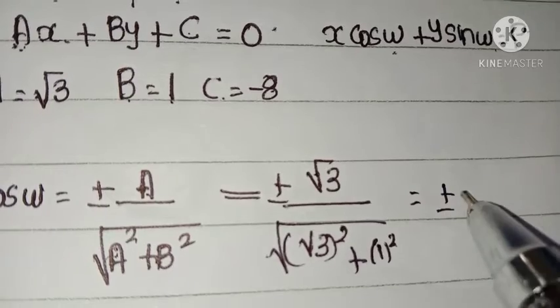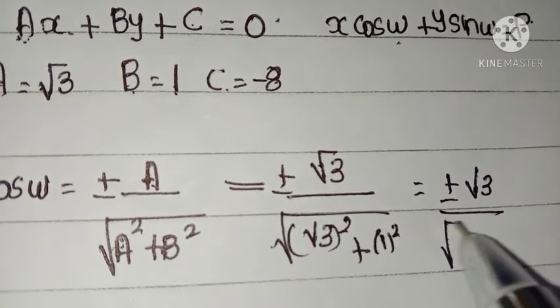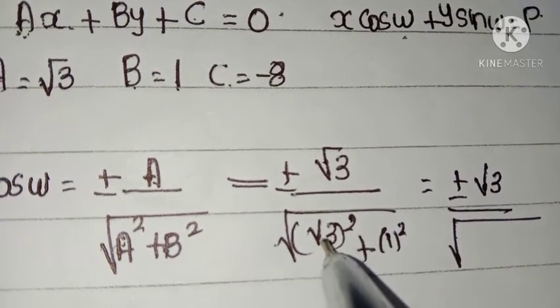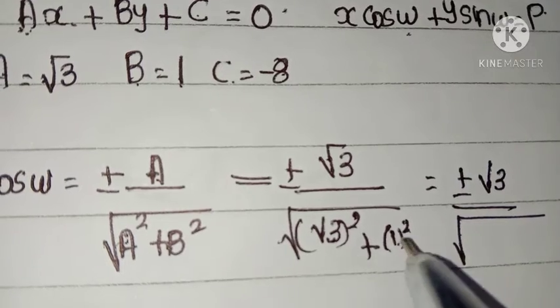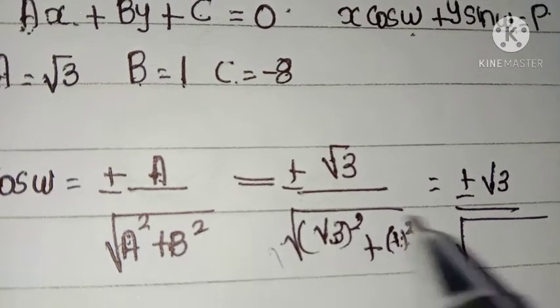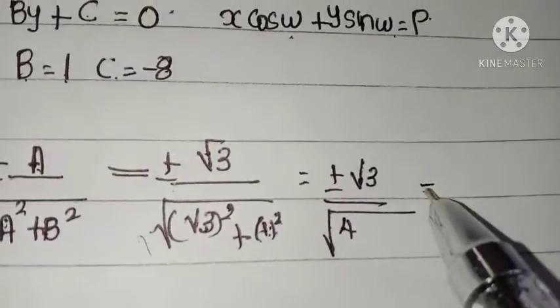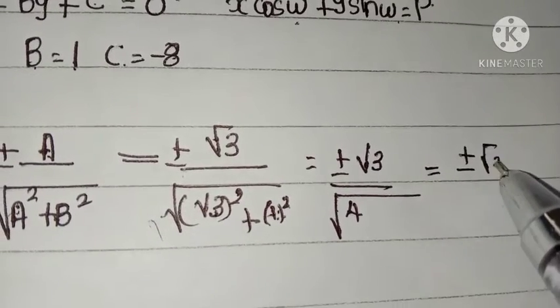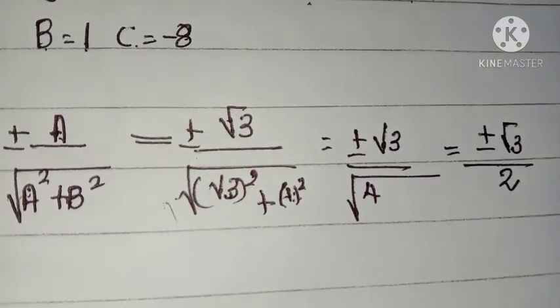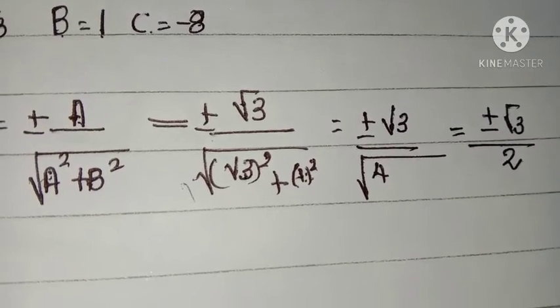Root 3 square is 3, 1 square is 1, 3 plus 1 is 4. Root of 4 is 2. So plus or minus root 3 by 2.